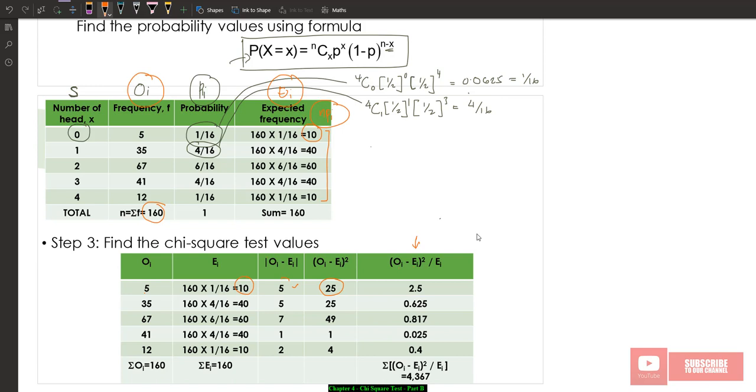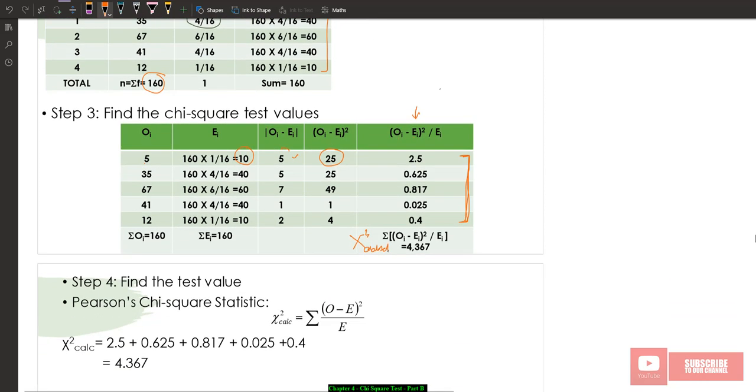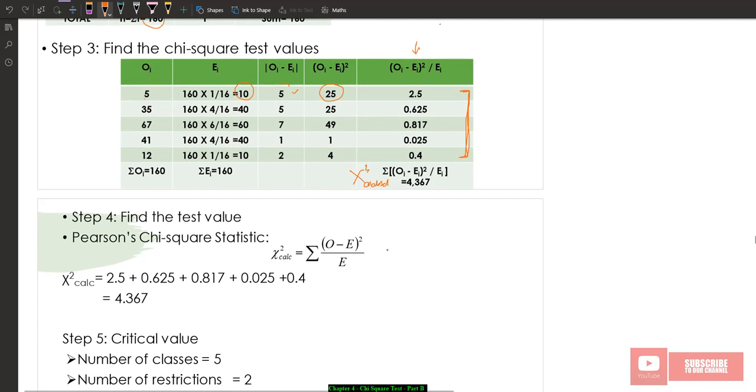Then we calculate the total of all goodness of fit values to get the chi-squared calculated, which should be equal to 4.367. This is step number 4, the Pearson chi-squared statistic.